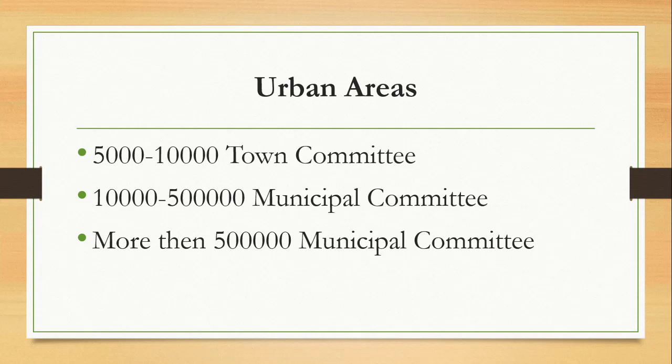So in urban areas, urban areas were divided into three categories. From 5,000 to 10,000, town committees were established. Those towns where the population was more than 10,000 but less than 500,000, municipal committees were established.